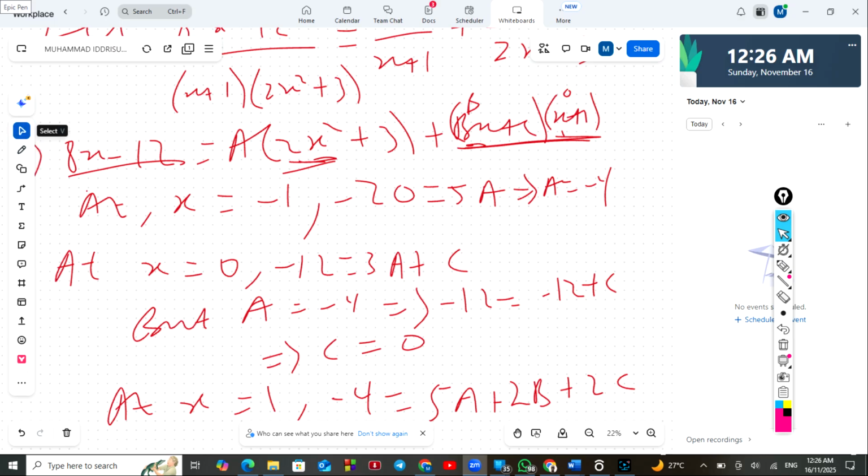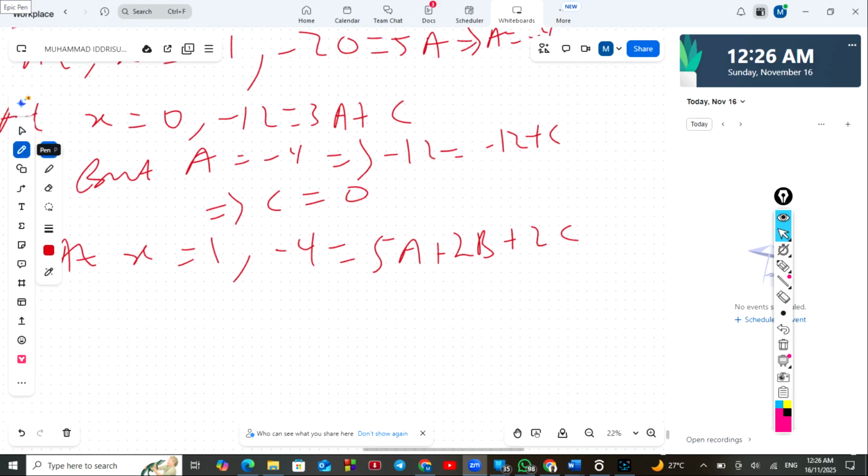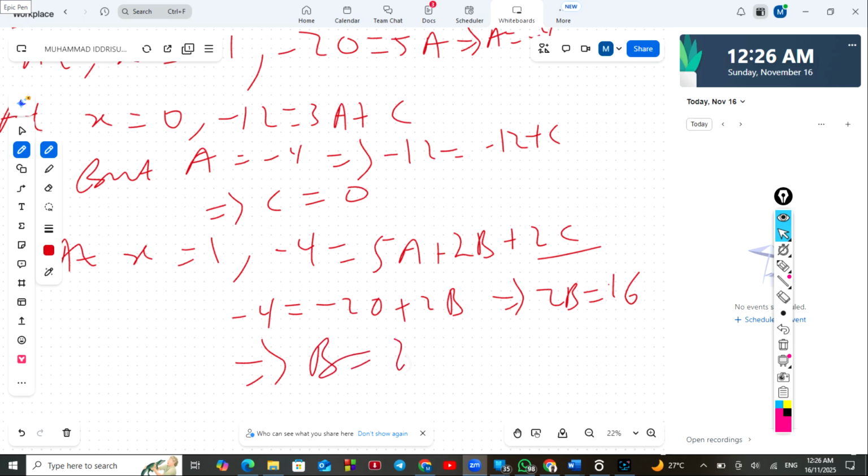But our c is 0 and our A is -4, so we have -4 equal to 5 times -4, which is -20, plus 2b. So this means that our 2b is equal to 16, which means that our b is equal to 8.